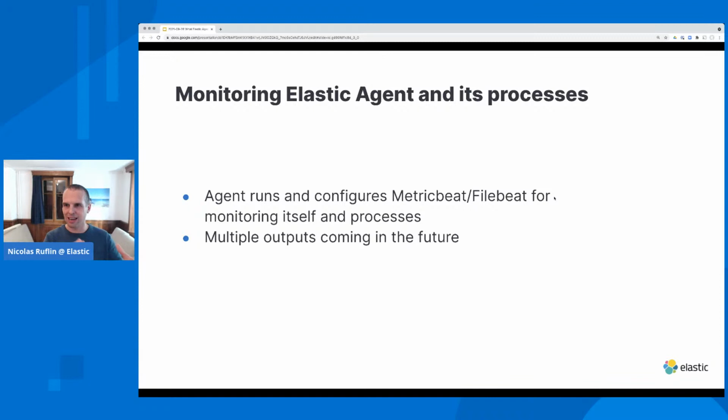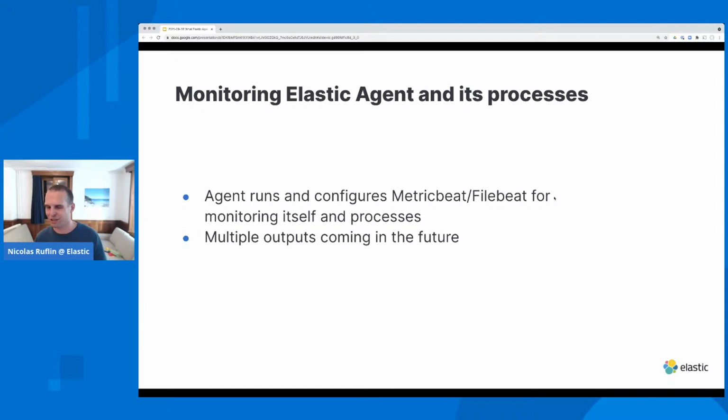I mean, the Elastic Agent is in the end to do observability, to do security on the machine, so it should do good observability for itself. So we dogfood Filebeat and Metricbeat for that. We run Filebeat and Metricbeat to collect our own logs and our own metrics around the processes and how they are doing, and ship these to Elasticsearch.